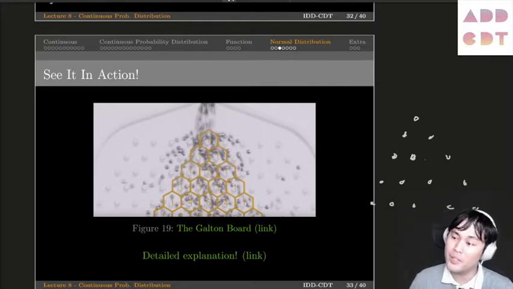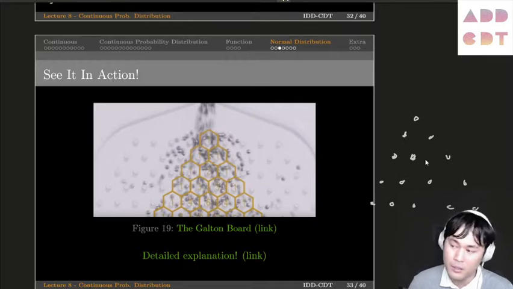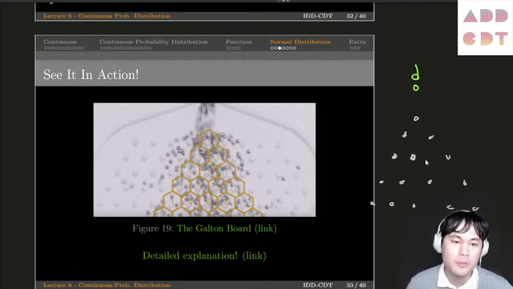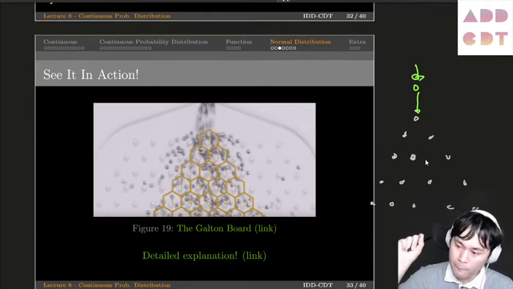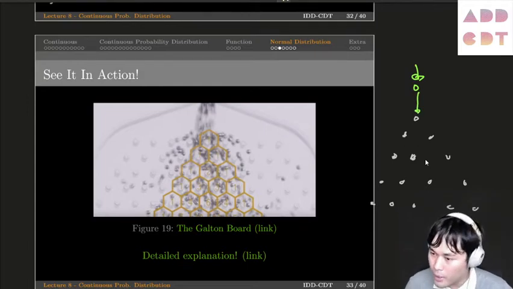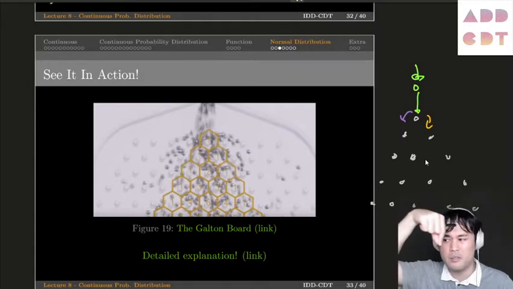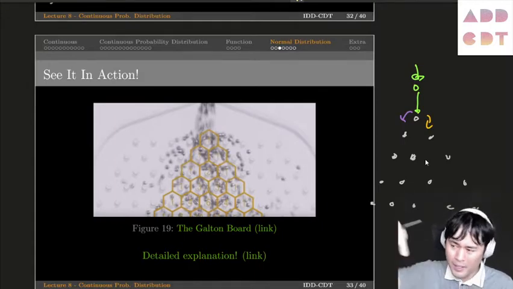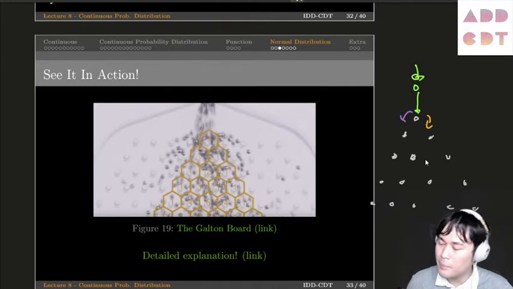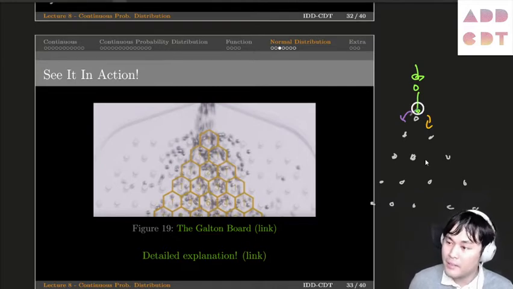The way you play is the machine drops a single ball from the top, and once that ball hits the pole there, it will either bounce to the left or right, depending on the slight position where it drops. If it's slightly to the left, then it tends to bounce to the left, and that repeats.